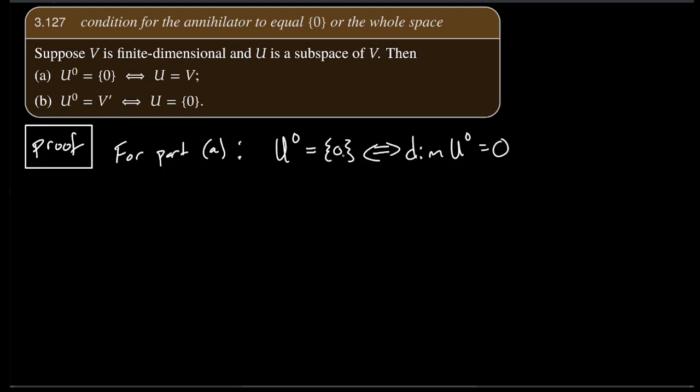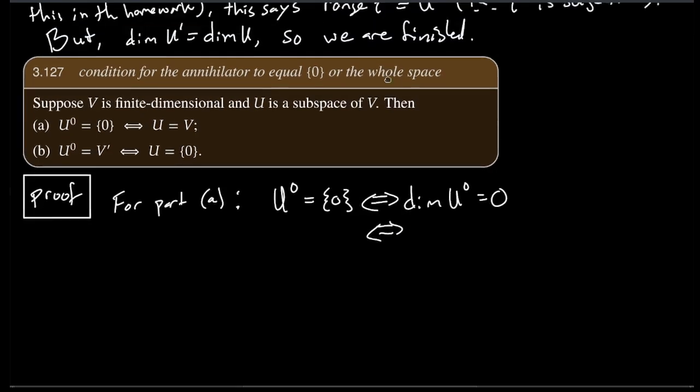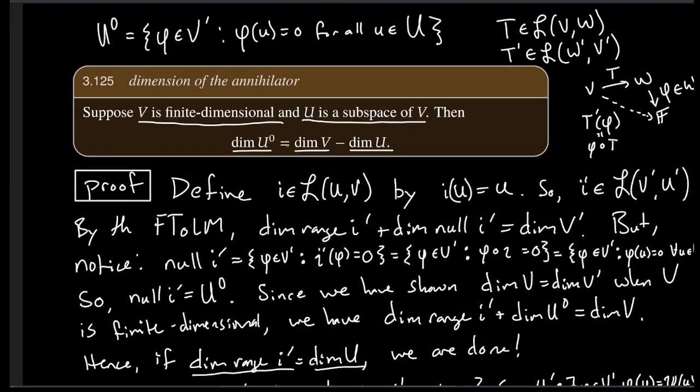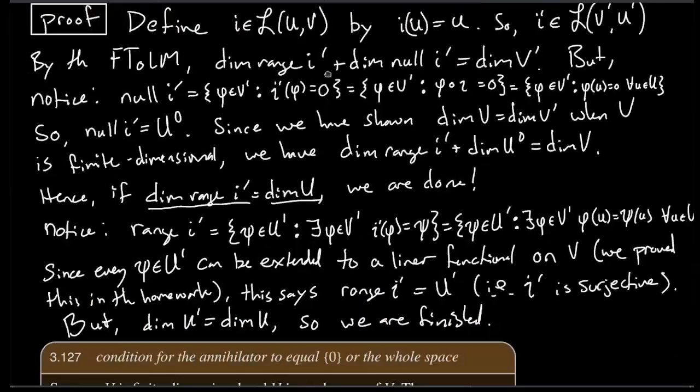After all, there's only one zero-dimensional subspace. It is the subspace consisting only of 0. Okay, well, what is the dimension of U naught? It is the dimension of V minus the dimension of U.